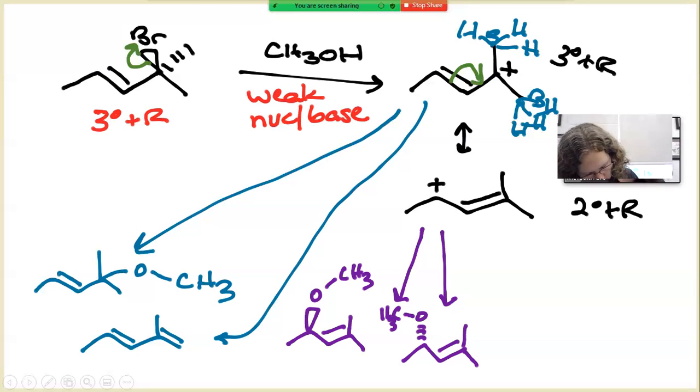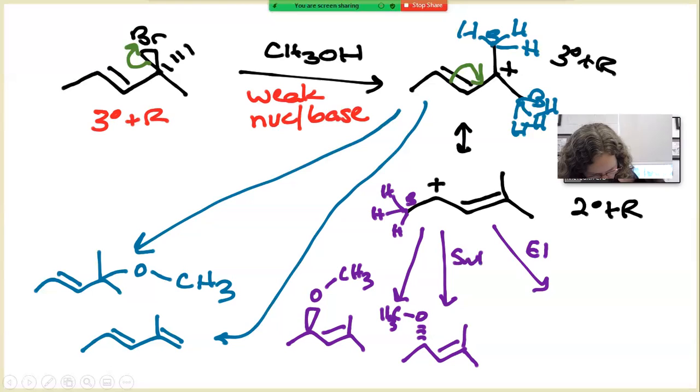Then we also have beta hydrogens over here that can be plucked off in an E1 elimination, and that will give us this diene. So 3 possible products from the second carbocation.